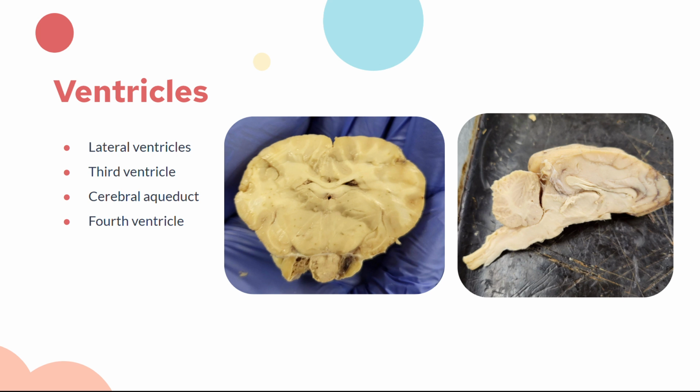And then our cerebral aqueduct. You can't see it on the coronal section, but on the sagittal section you can. It would be around this area right here. If you were to pull the cerebellum back a bit, you would be able to see the gap here. You'd see the cerebral aqueduct, a gap that would go along here.